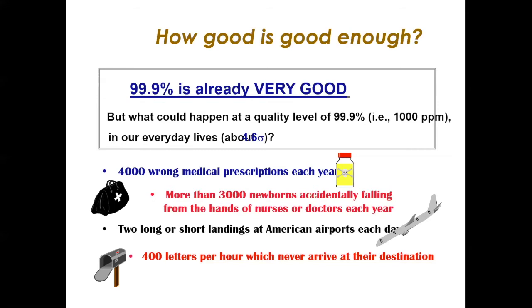So this is not a manufacturing system, it's a service system. So this is an indication that quality control techniques also apply to service systems. And another example is the number of flights that have taken too long or too short of landing times, and many other examples. So in these cases, when these errors happen this commonly, then we could still improve on a process that is conforming 99.9% of the time.